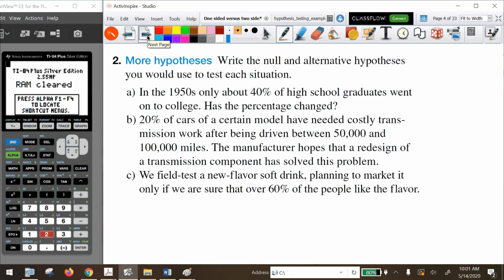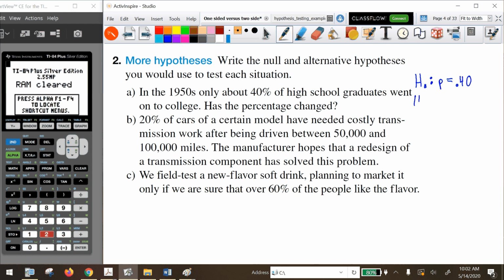Another one, a very similar question. We're just developing the null and alternative hypotheses for each situation. In the 1950s, only about 40% of high school graduates went on to college. Has the percentage changed? Okay, so our null hypothesis is that the percentage hasn't changed and it remains 40%.